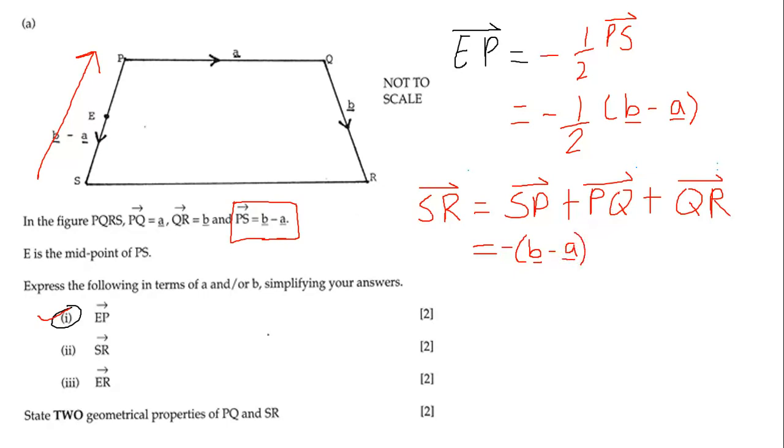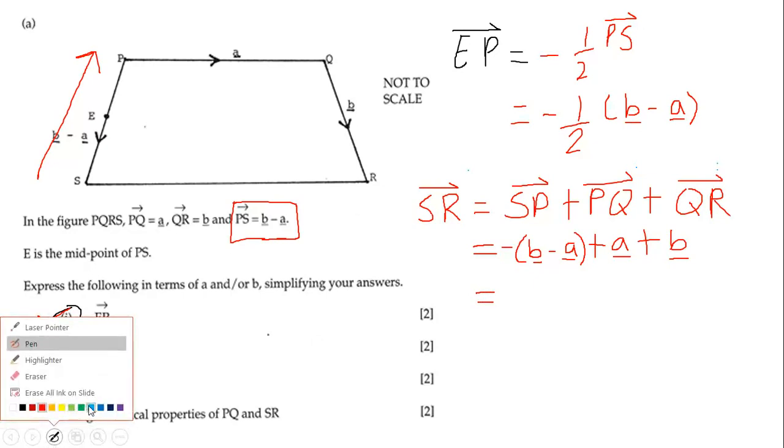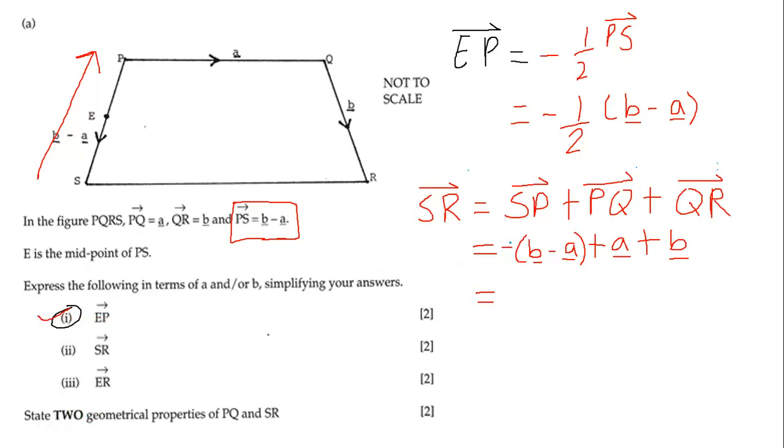Now, what is PQ? Well, PQ is simply A, right? So this is going to be plus A bar. Now, what is QR? QR is simply B or B bar. I say B for short. Now, let us simplify. We're going to take the negative 1 and multiply it by B bar.